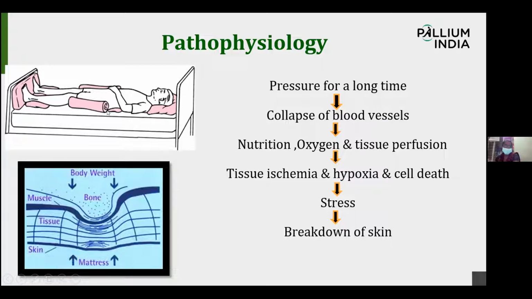Because of the body weight, the bone will be compressing the tissues. At that time the tissues may not get adequate nutrition. So if the tissues do not get adequate blood supply, what happens? Tissue ischemia, finally stress and breakdown. So this is the pathophysiology of pressure ulcer.